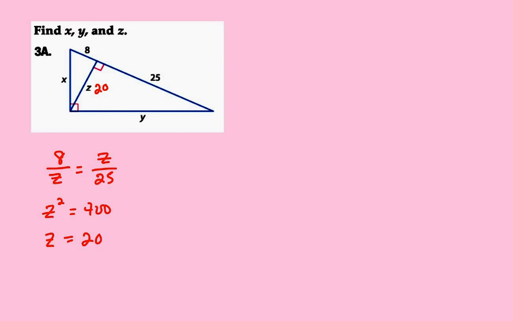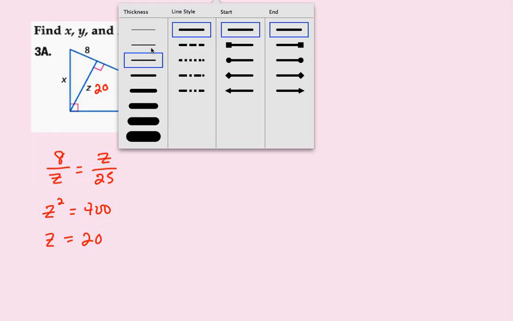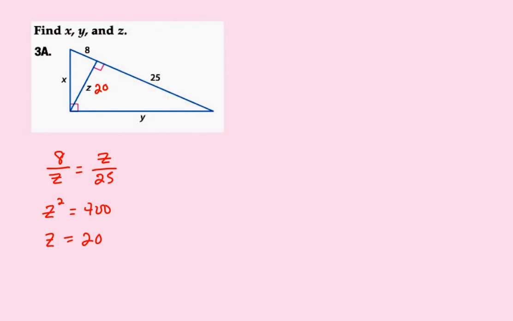The next idea that I see is the idea of the legs. So if I move on to the legs, we said that the leg of a right triangle is the geometric mean between the length of the entire hypotenuse, which in this case is 8 plus 25, which is 33.